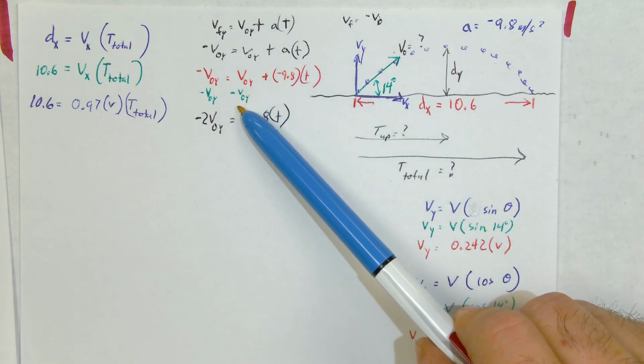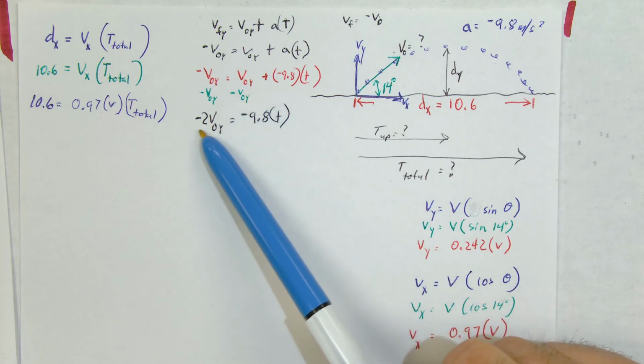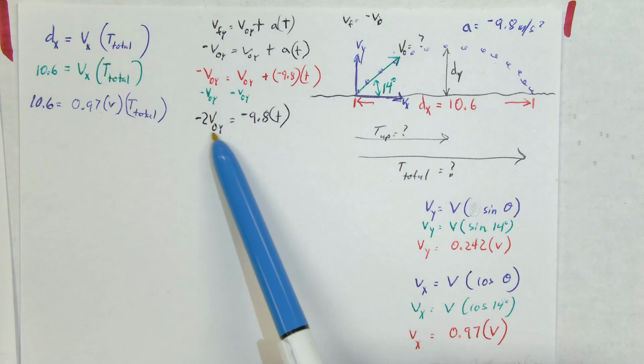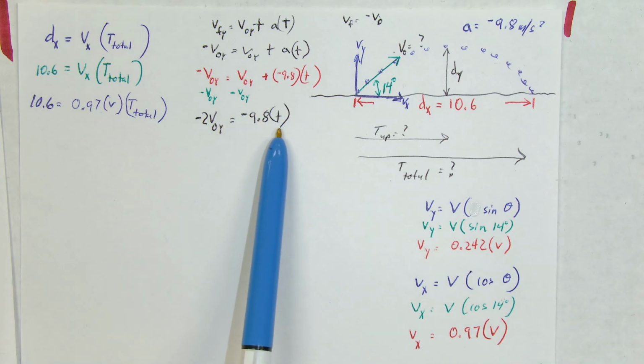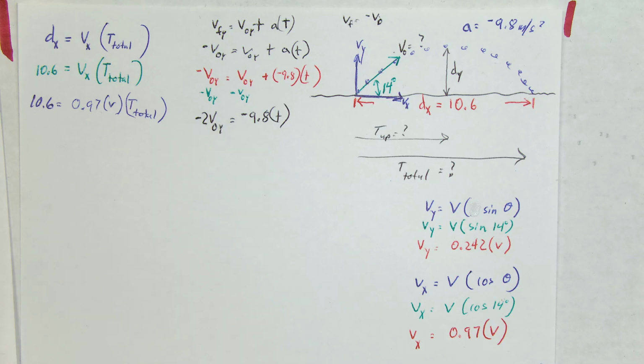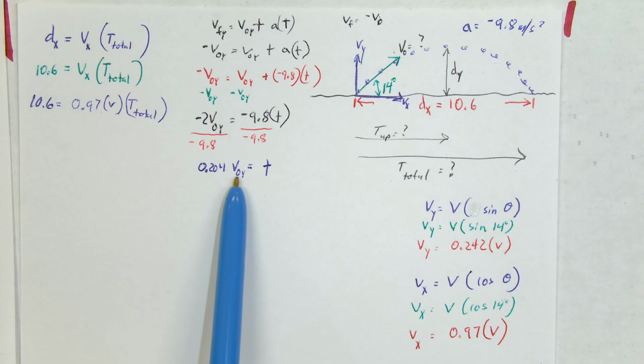I can subtract velocity original from the one side, and I end up with two negative velocities on the y-axis. VOY is equal to negative 9.8 t. Now I just need to divide both sides by 9.8, and I can solve for t. And so what we find when we do that, negatives cancel, we end up at 0.204 v original y-axis is equal to time.